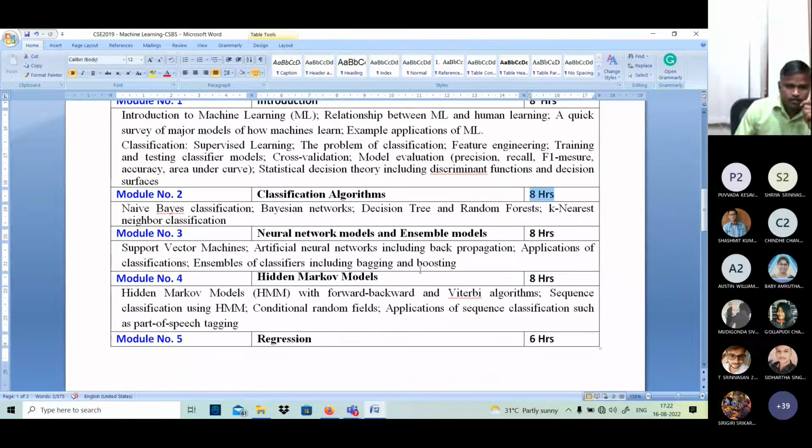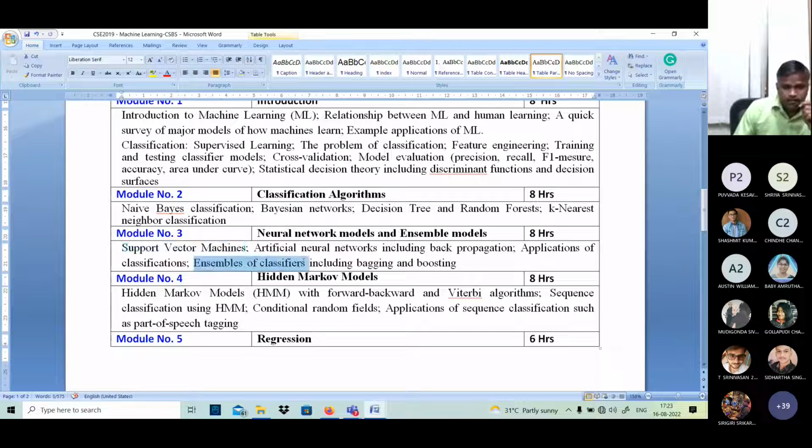Then module number 3, neural network models and ensemble models. Here, neural networks are used for classification, and one more method is given, support vector machine. That is also one of the classification algorithms used for classifying the given data.